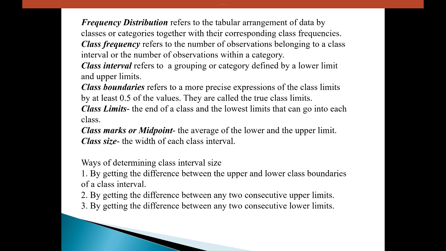Again, we subtracted 6,099 minus 5,599, and we still got 500. Or by getting the difference between any two consecutive lower limits, we subtracted 5,600 minus 5,100, and we still got 500. So the class size is 500 for table 2.3.